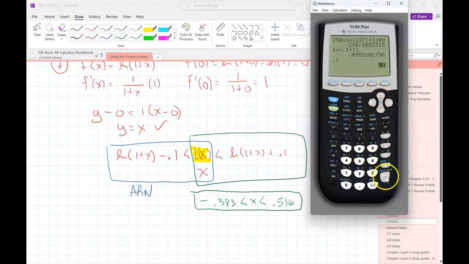So if I do this minus this, I definitely fall inside of the boundary. If I pick something outside of that, say like 0.6, this is the actual value.